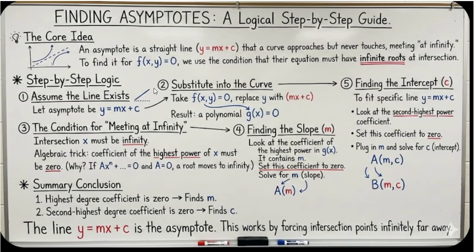We initially assume that y is equal to mx plus c is an asymptote. Then if it is an asymptote, two things happen. This one at infinity is going to satisfy the condition. This means in the place of y you get mx plus c. Whatever line mx plus c is going to satisfy this condition. The curve equation becomes g of x is equal to 0.